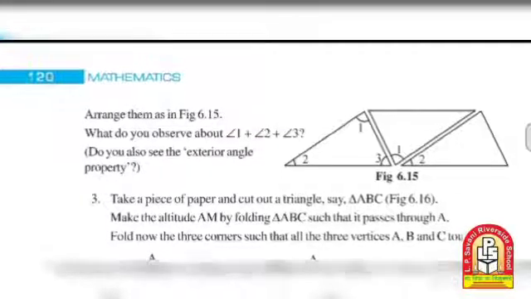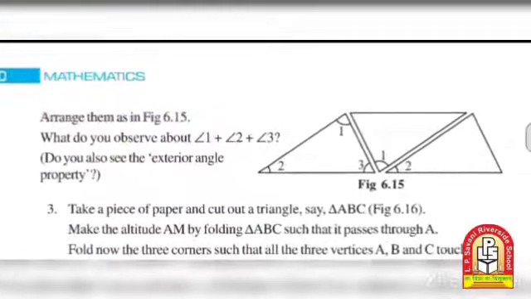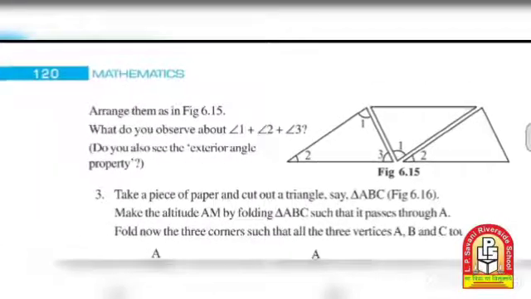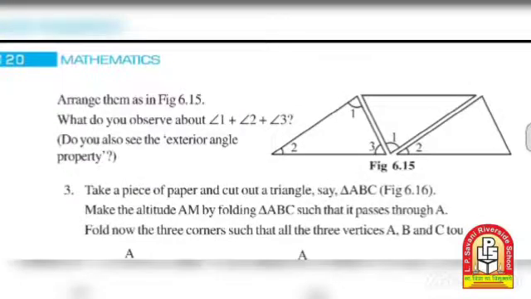Arrange them as shown in figure 6.15. What do you observe about the angles 1, 2 and 3? Here angle 1, angle 2 and angle 3 have a sum of 180. These three are the exterior angles and they have the property 1 plus 2 plus 3.